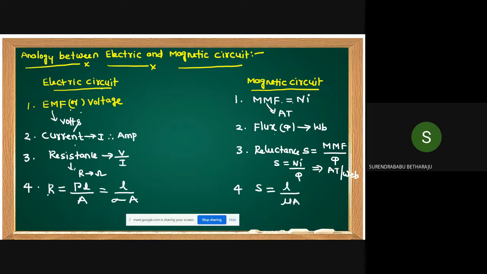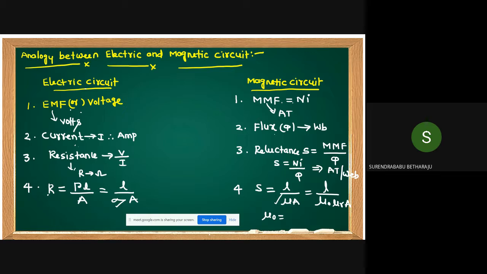In the electric circuit, this is the conductivity concept. But in the magnetic circuit, this is the permeability concept. Understand or not? That's why it is L by mu A. You can also write it as L by mu naught into mu R into A. Here mu naught is the absolute permeability, that is the permeability of free space.